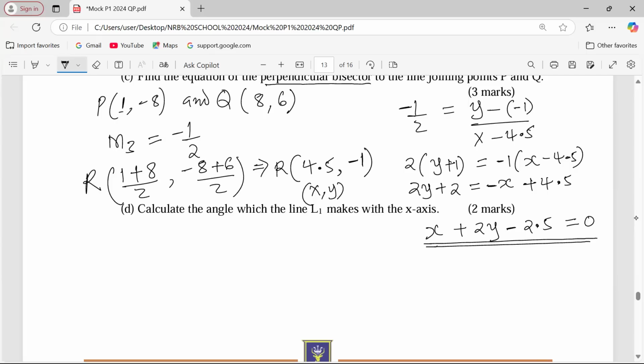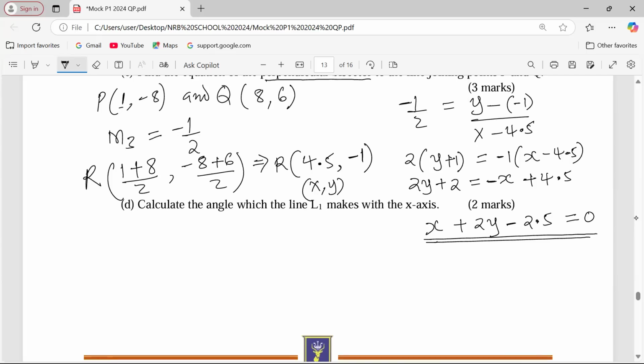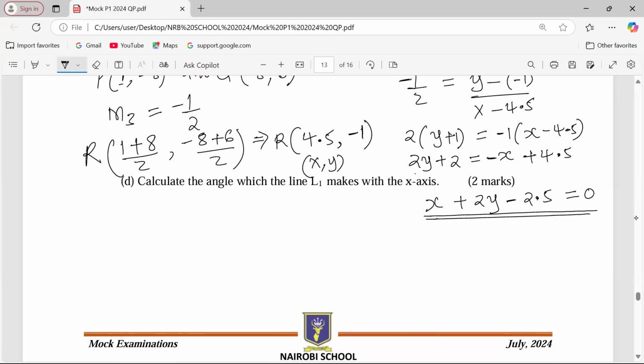But remember, there is the general format of the equation of a straight line. At this stage, we can have 2y remaining here, then negative x and 2.5 after 2 is subtracted from 4.5.